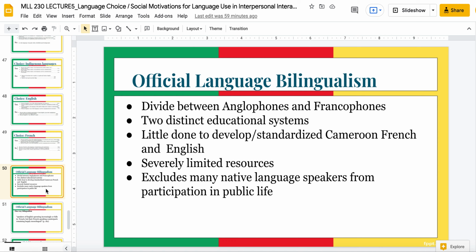They're learning Cam Franglais, and this excludes many native language speakers from participation in public life. So while Cameroon has these two official languages, English and French, the reality is they're really speaking a mixture. They're speaking Cam Franglais, Camtok, Mboko, and indigenous languages.